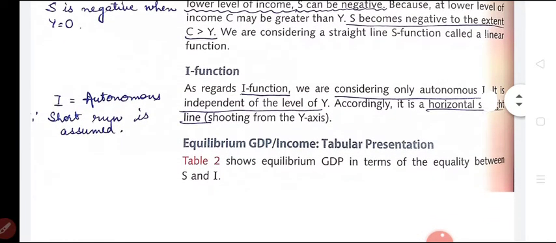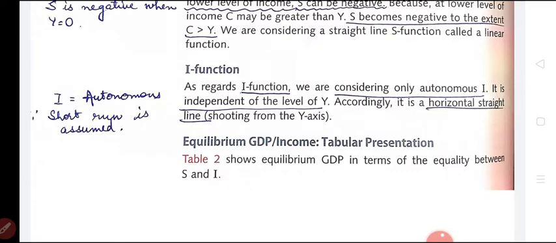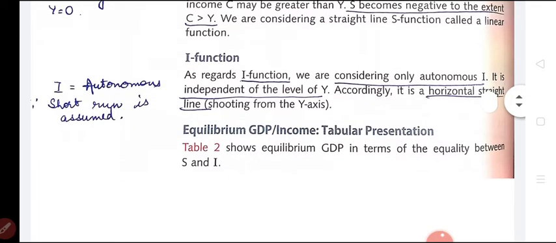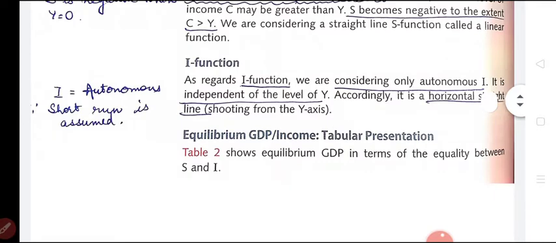Next is investment function, that is I function. As I told you, we are talking about short run equilibrium. This is that time period when output depends only on level of employment and not on any other factor. So investment is assumed to be constant.